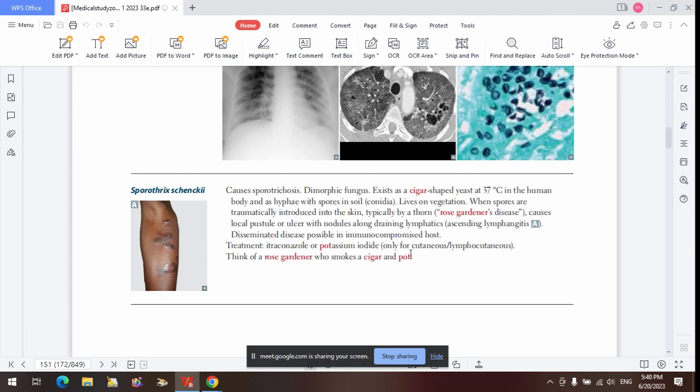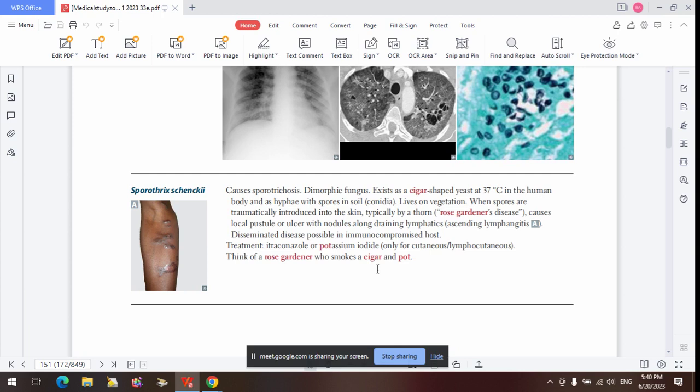For the immunocompromised host, you want to make sure you control the viral load first and bring it to a high state, because it's unlikely that itraconazole or potassium iodide will work otherwise. Don't forget, the rose trauma on the skin inoculates the organism at that site.